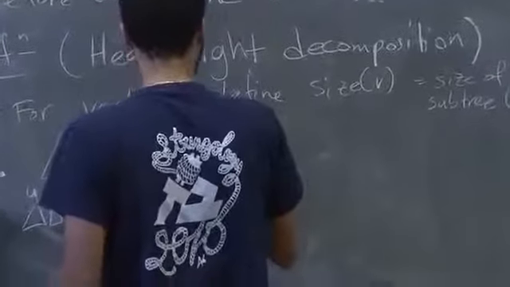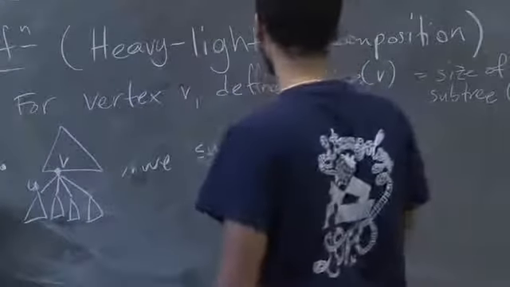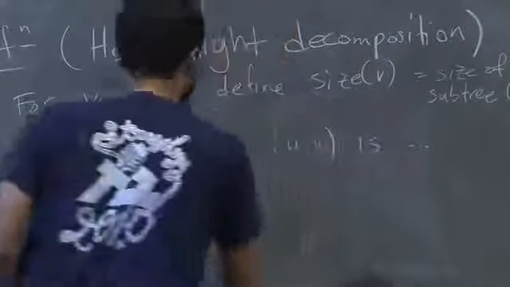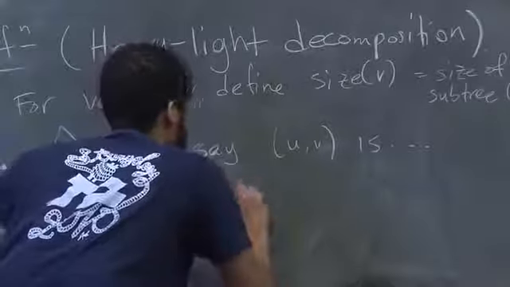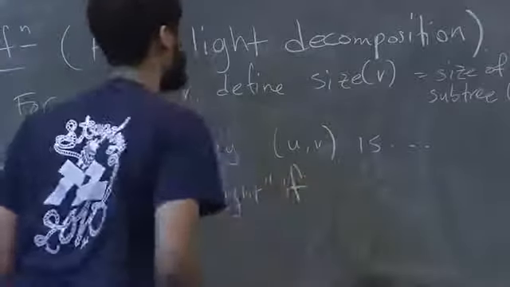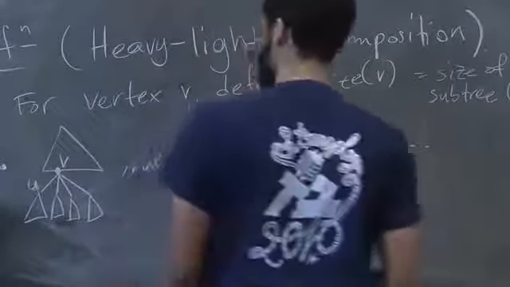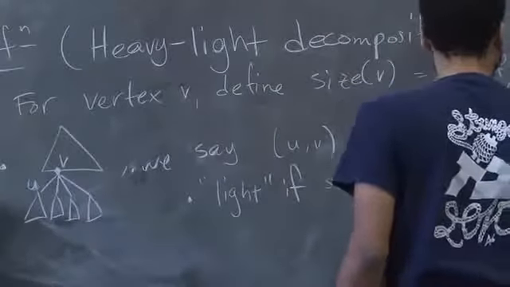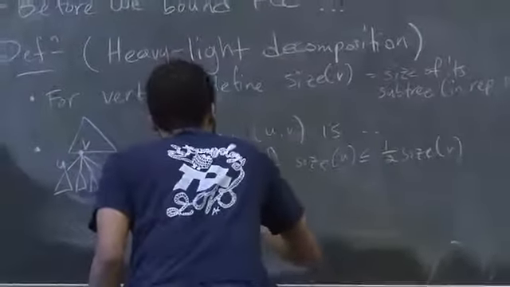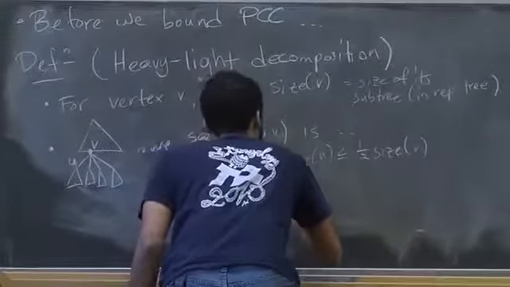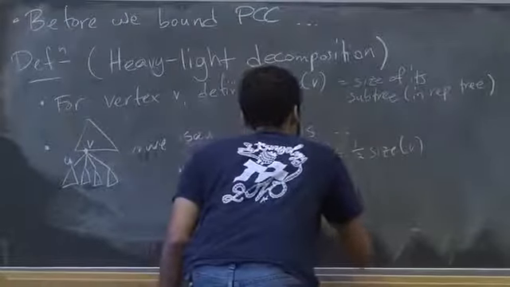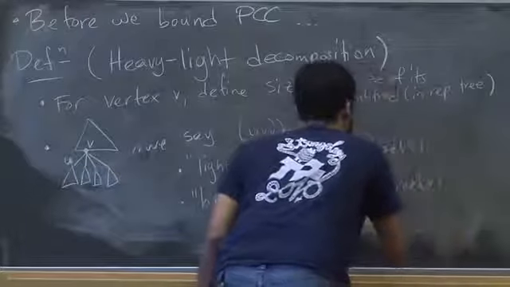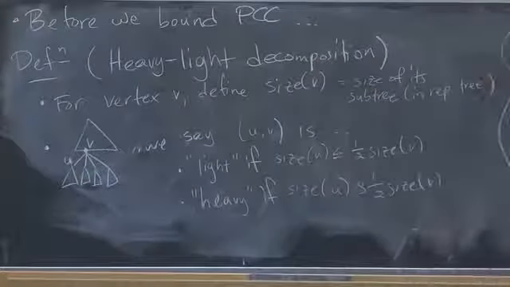We say the edge uv is light if the size of u is at most 1/2 the size of v, and we call it heavy if the size of u is bigger than 1/2 the size of v.